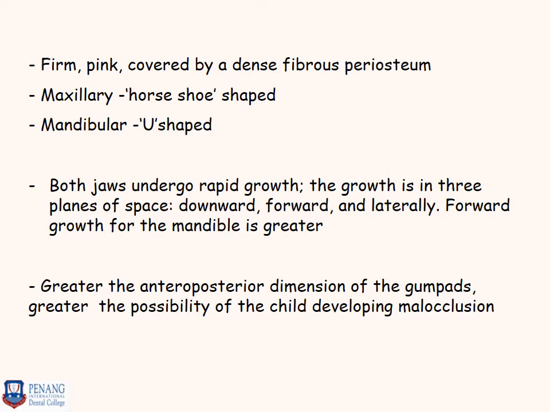Malocclusion like a class 3 or a class 2 develops based on which jaw grows more. If the maxilla grows more than the mandible, then it may be a normal occlusion or a class 2 occlusion, or if the mandible grows more, then it is a class 3 growth that occurs.